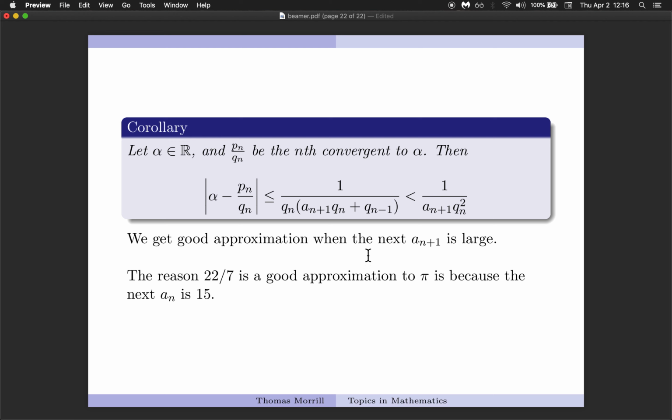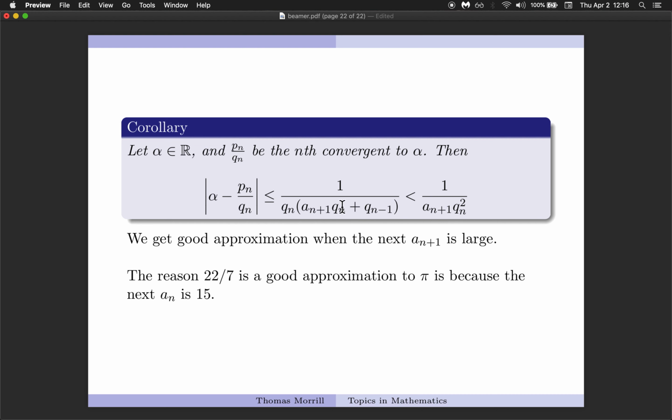Well, Qn plus 1, I'm going to use my recursion formula and say this is the next A with my current Q and my previous Q. So I've just done a direct replacement here. And now I can simplify the formula and say, well, an upper bound for that has got to be an plus 1 times qn squared.